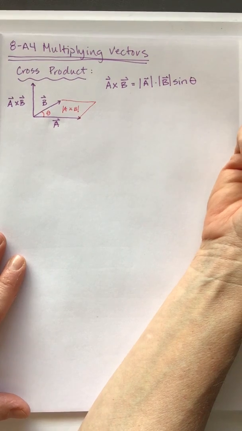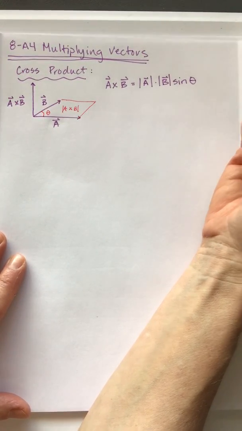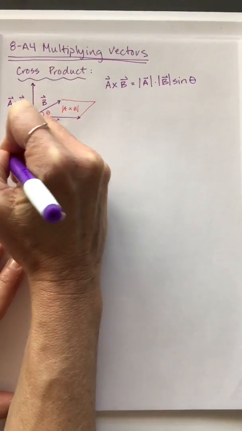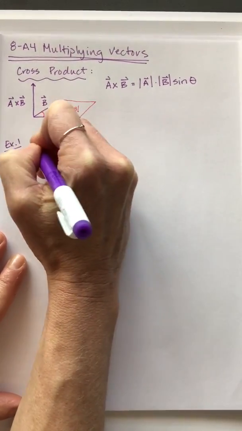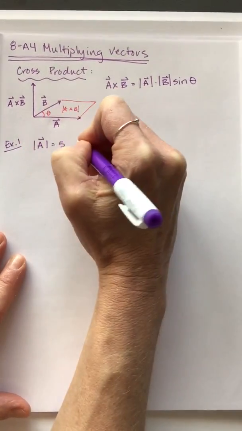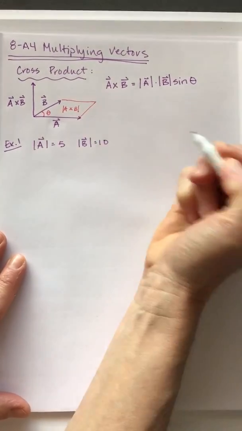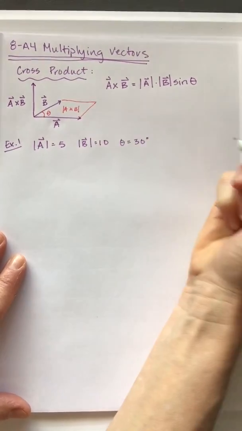So, for example, let's say this was 30 degrees. Let's just do a quick example here. Let's say vector A, the magnitude is 5. Vector B, the magnitude is 10. We'll make it really easy. And our theta equals 30 degrees.